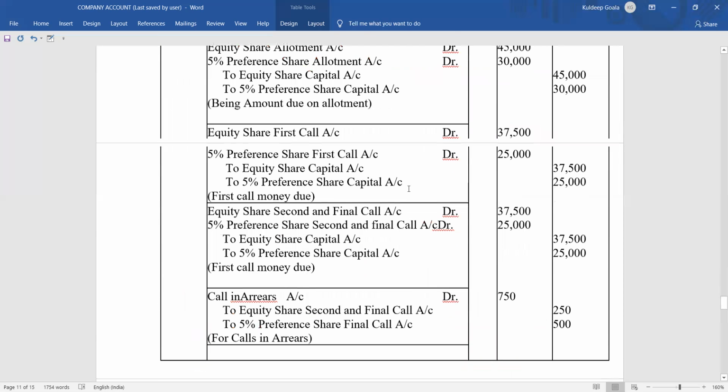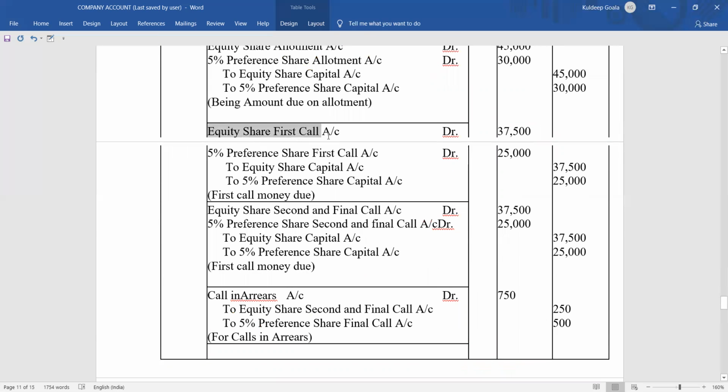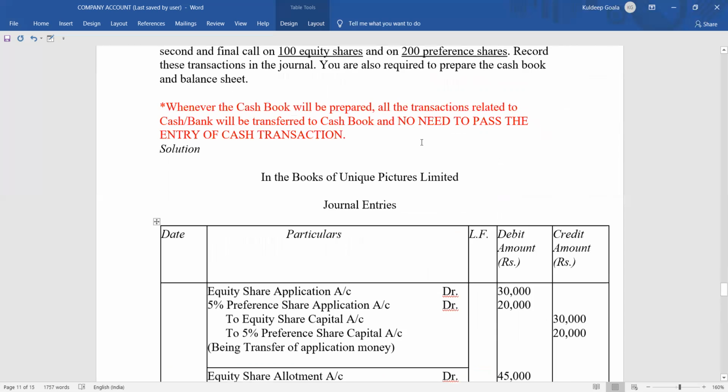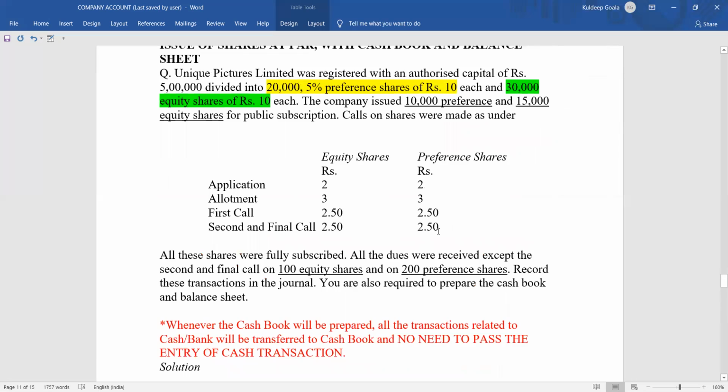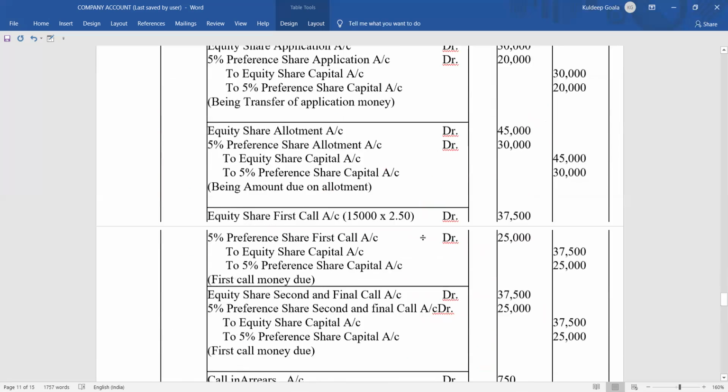So let's see how the entry will be placed. Equity share first call account debit. I'm just showing you here so that you can understand. It's 15,000 into 2.50. Here, in both the cases the per share amount is same, right?